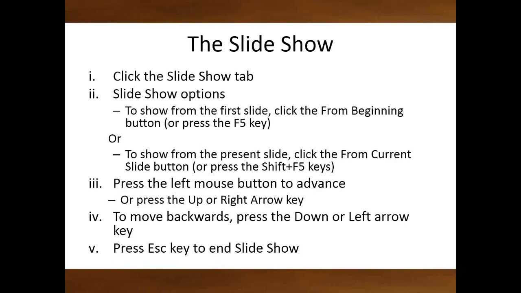Then after you have gone into the slideshow mode, press the left mouse button to advance, that is, to move from one point to the next, and to move from one slide to the next.